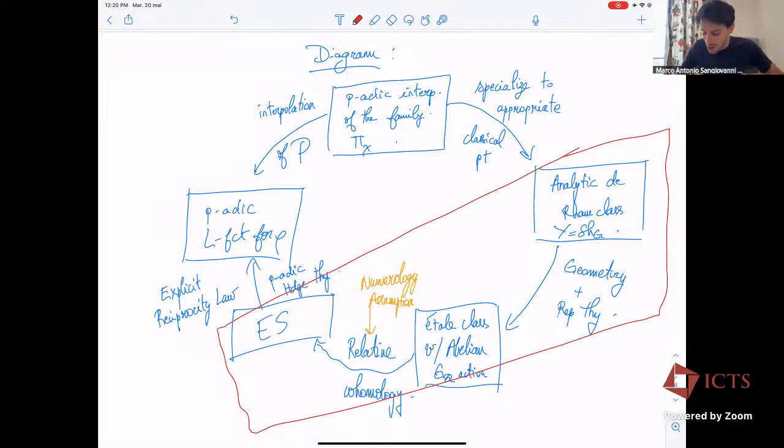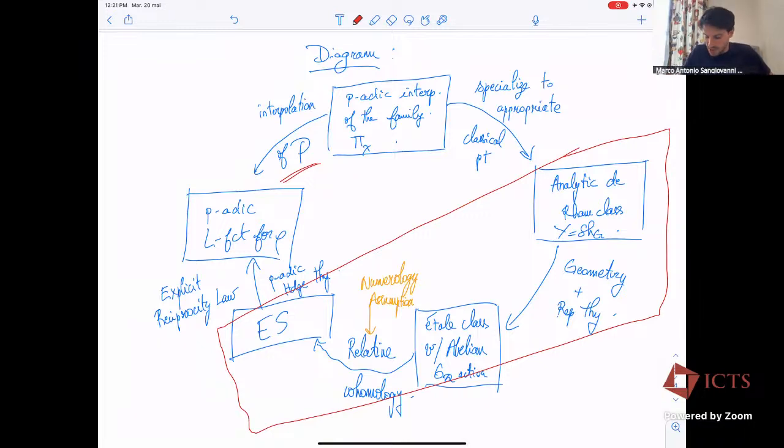How do you upgrade to étale classes on which you understand the Galois action? And I will also talk maybe a little bit about how you prove the norm relations for the Euler system. I will not talk about this part, which I view as an almost separate field, and especially I will not talk about the explicit reciprocity law.